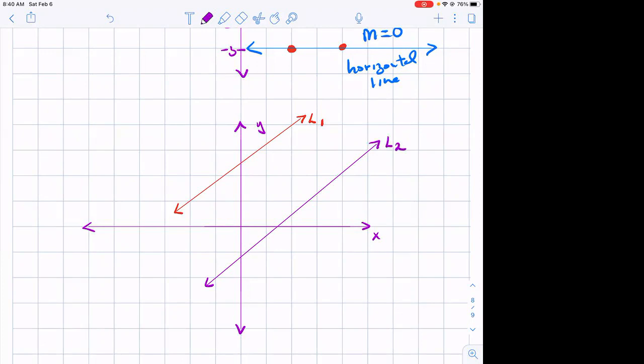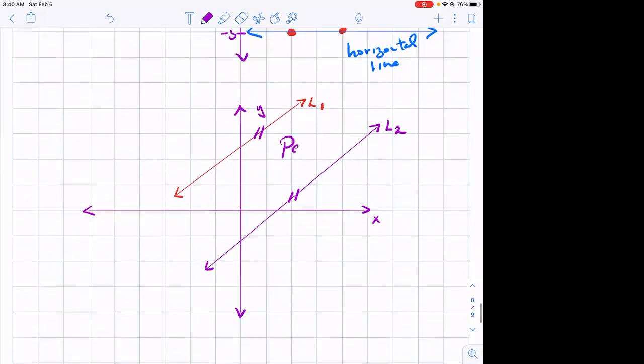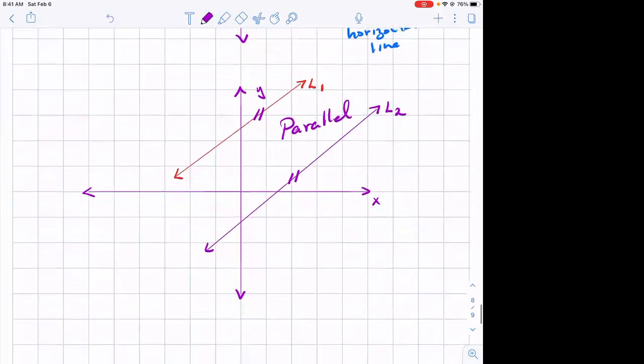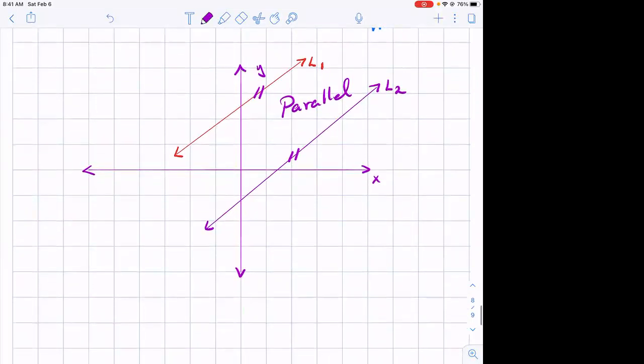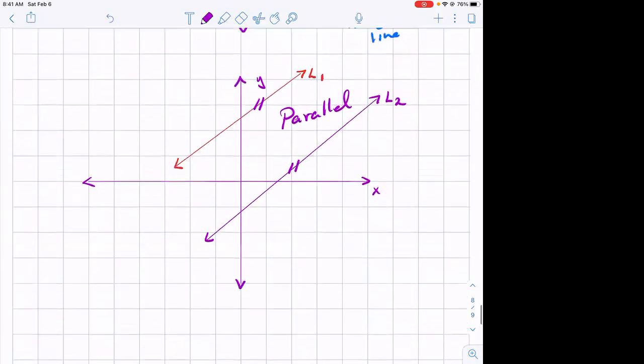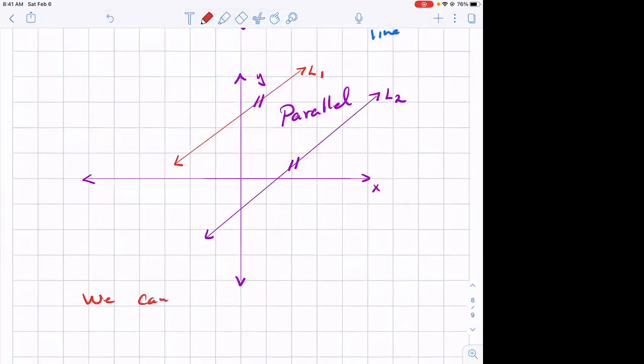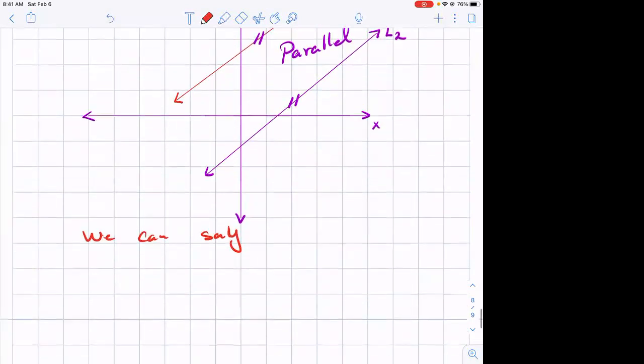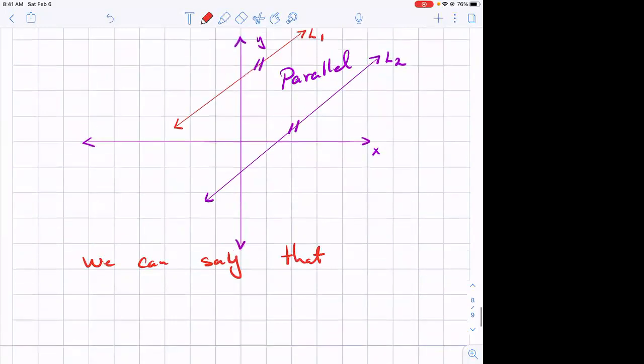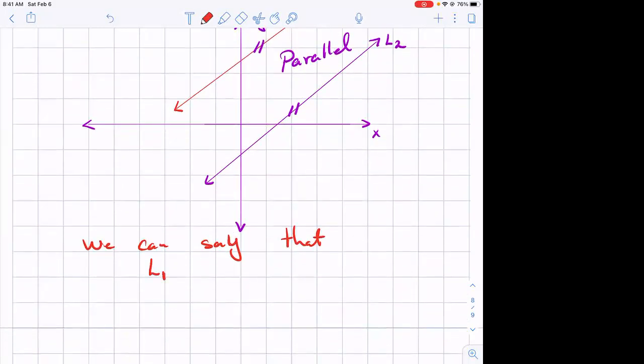Now these lines appear to be parallel, okay, parallel lines, and we will see that when lines are parallel, we can say that L1, line 1, and L2 have the same slope.